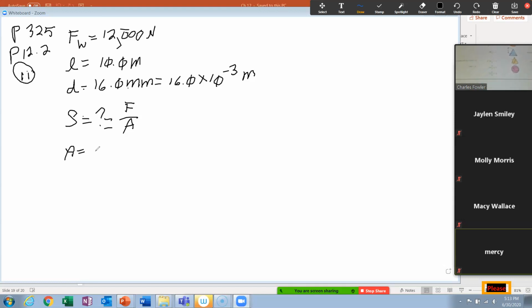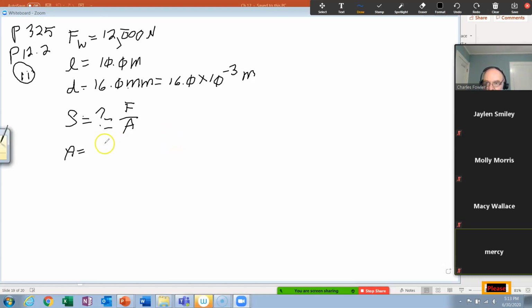Is that a sphere or a circle? That's a sphere. Oh, here we go, I'm sorry. There we go. Area of a circle is, you see it? Pi r squared, right? Okay, so area is pi r squared.